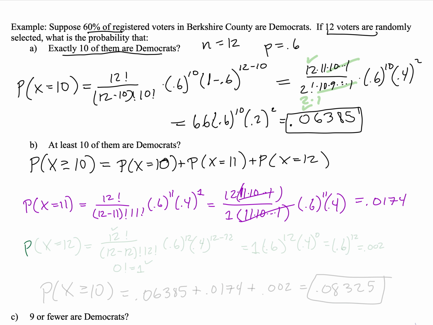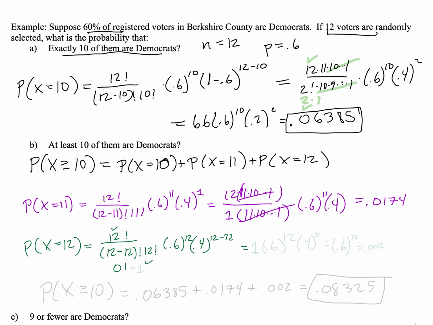And finally, the probability that x is equal to 12 is 12 factorial over 12 minus 12 factorial times 12 factorial, times 0.6 to the 12th power times 0.4 to the 12 minus 12th power. So simplifying gives us 12 factorial divided by itself, which is just 1.